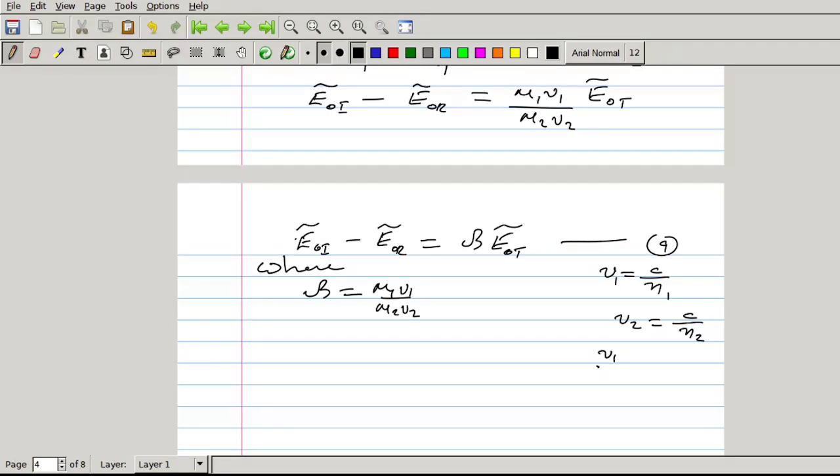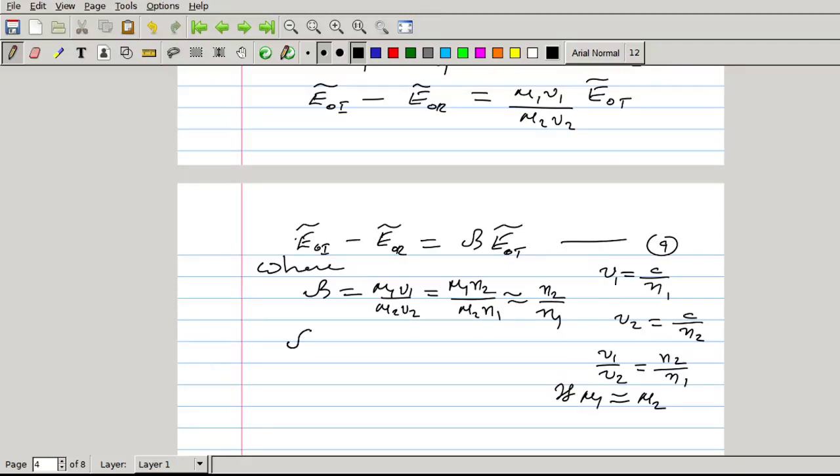So v1 by v2 I can write as n2 by n1. So this equation I can write as mu1 n2 by mu2 n1. If mu1 is approximately equal to mu2, then this is approximately equal to n2 by n1.